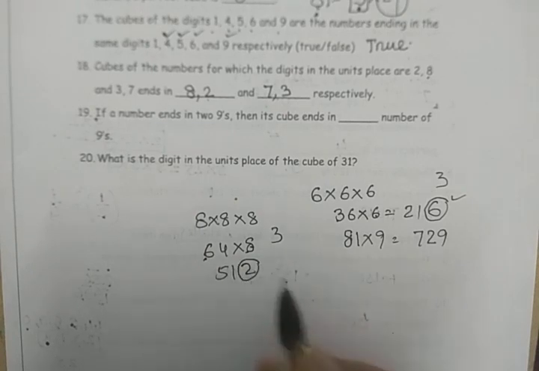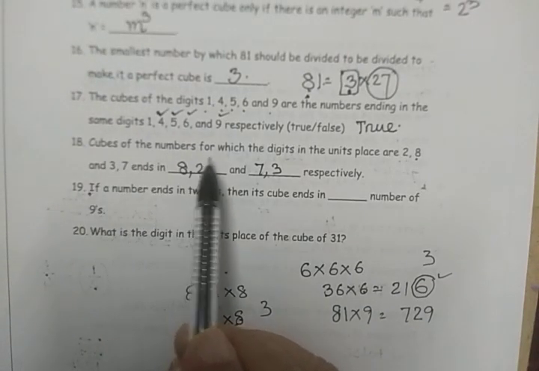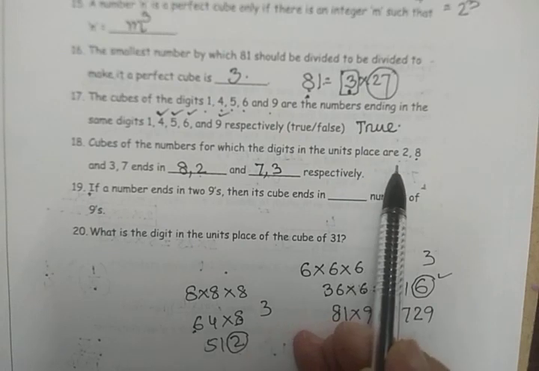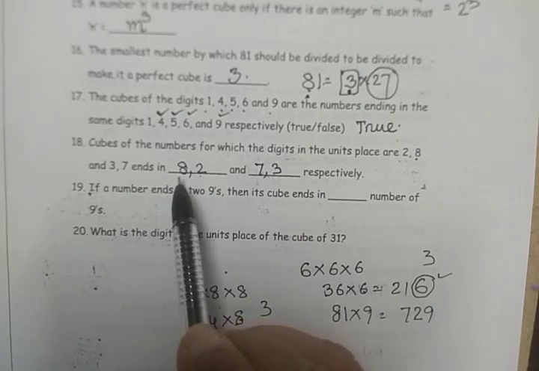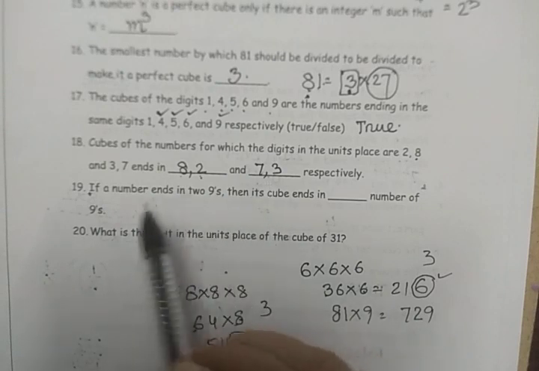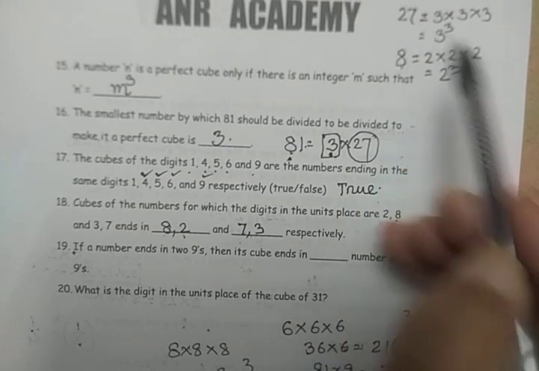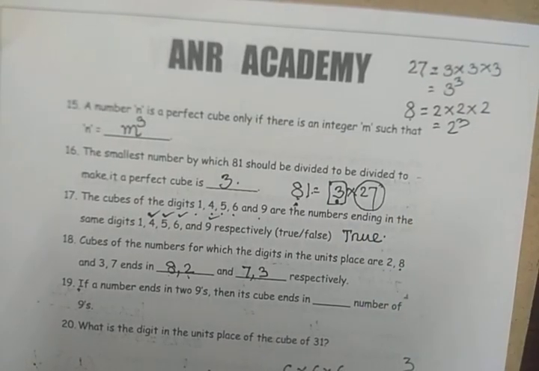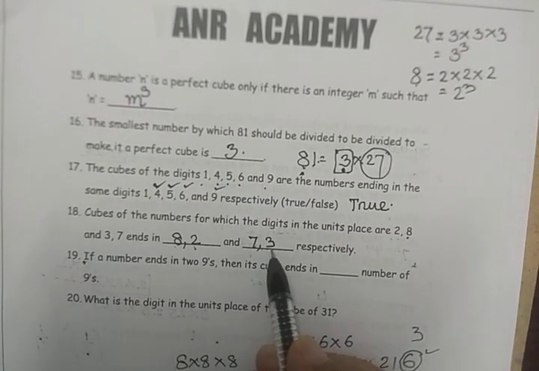So it ends with 2. That means if the numbers have units digit 2 and 8, the cubes' units place will be 8 and 2. In the same way, 3 and 7 give 7 and 3 respectively. You can check 3 into 3 into 3 is 27. In the units place we have 7. In the same way, 7 into 7 into 7: 7 sevens are 49, into 7, 7 nines are 63, units place will be 3.